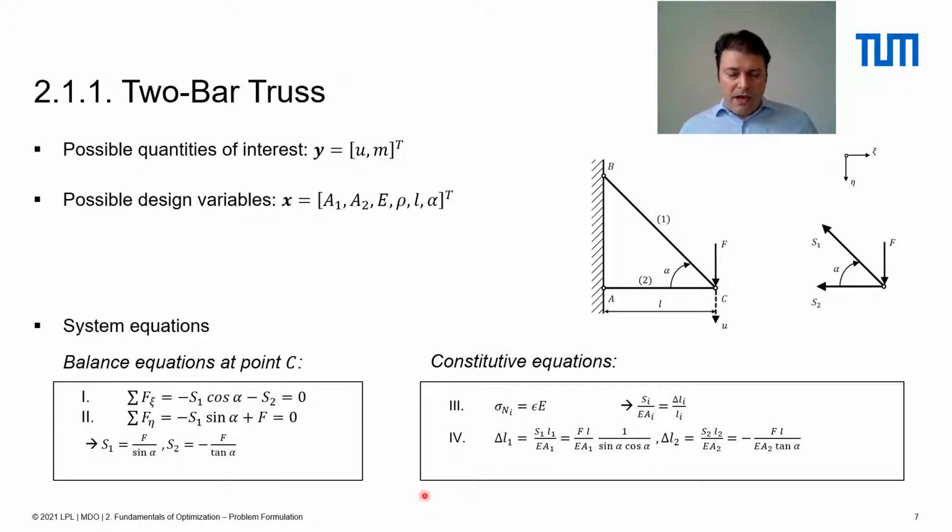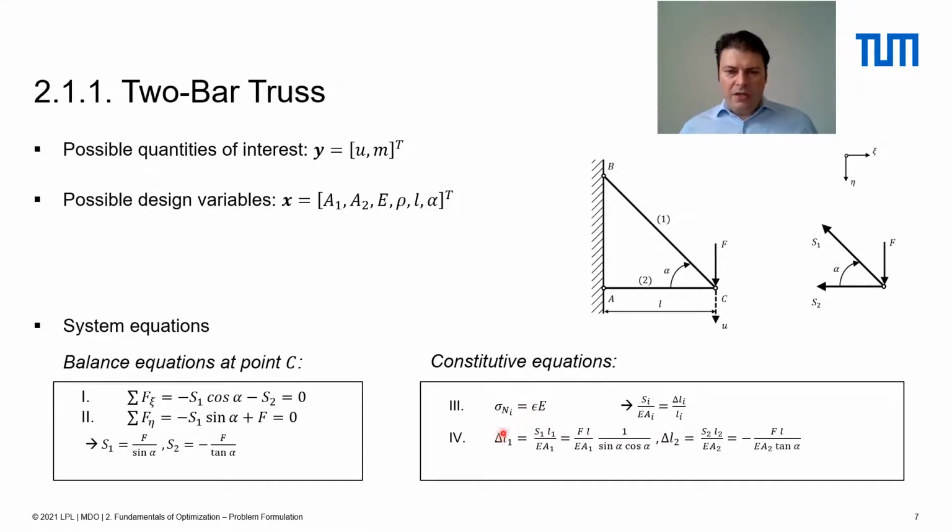For the description of the system behavior, you also need so-called constitutive equations. Constitutive equations are equations that typically express material behavior. So on a micro scale, you would relate, for example, in linear elasticity, stress and strain by Hooke's law. That would be a simple constitutive equation.